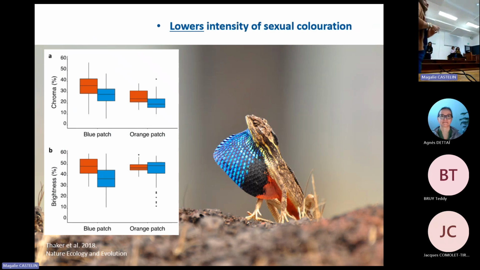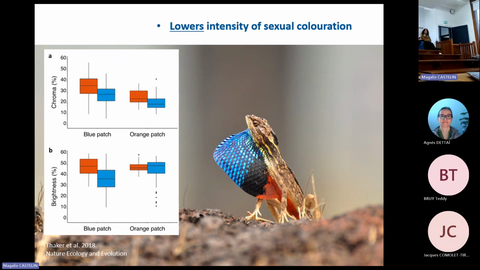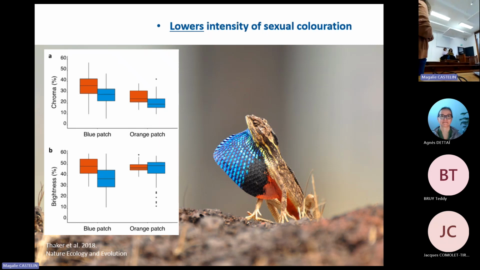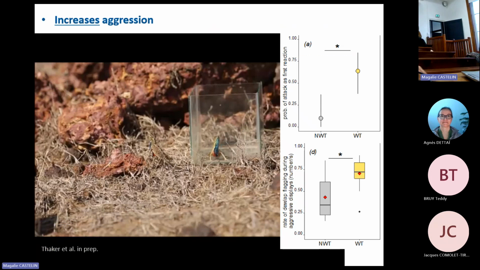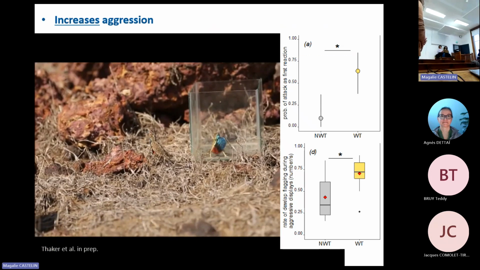And then it does things that affect their sex lives. So here we were talking about all these survival traits, but the lack of predators lowered the intensity of sexual coloration. They became less bright and less saturated. And that is the blue and orange patch on their dewlap. Lack of predators increased their aggression.